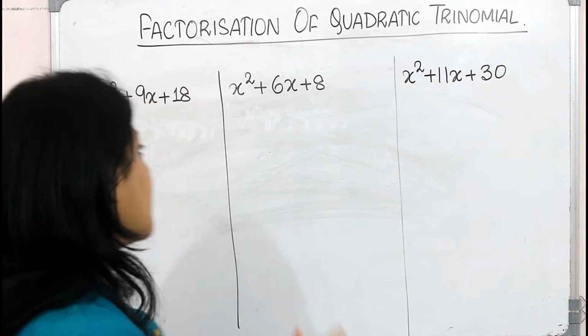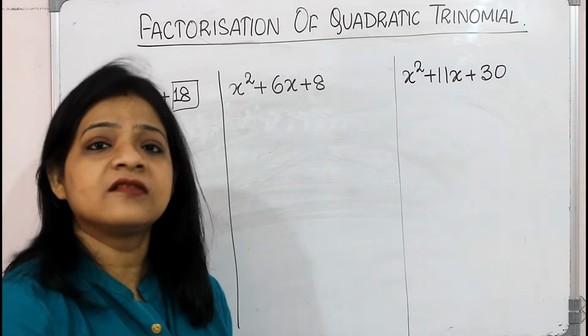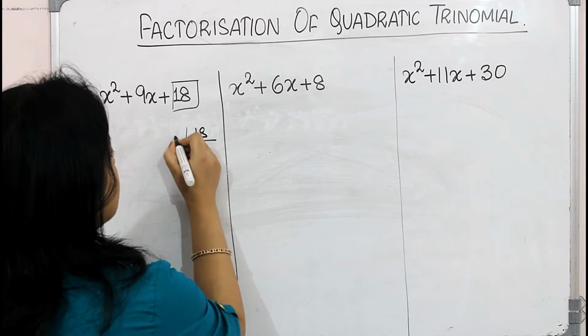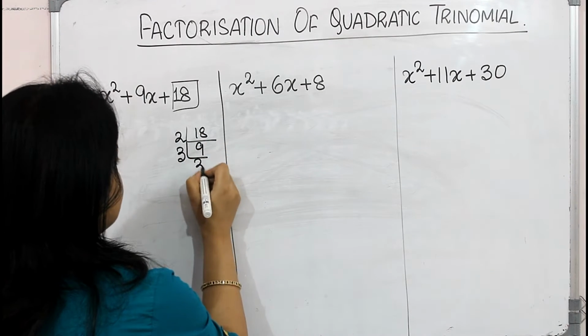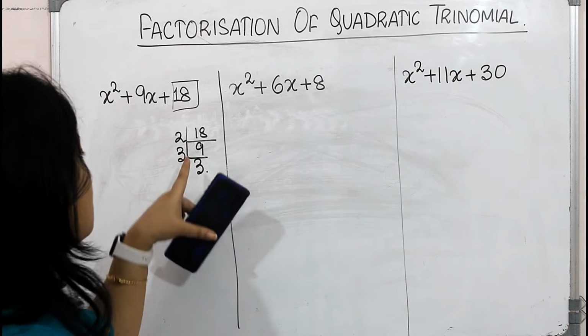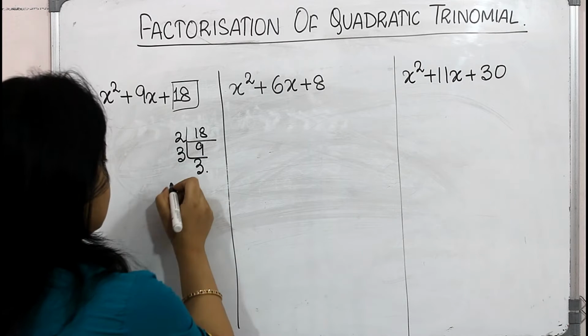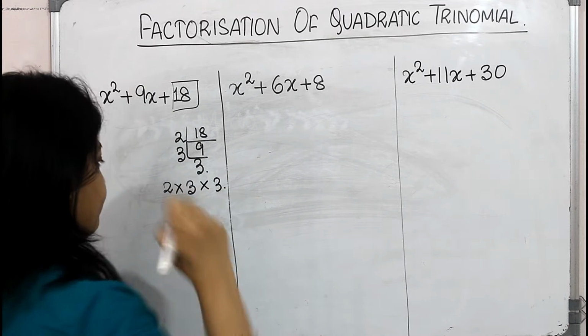This is the last term, that is 18. So let's factorize 18. 18 is 2 nines are 18, 3 threes are 9, right? So the factors of 18 are 2 into 3 into 3.